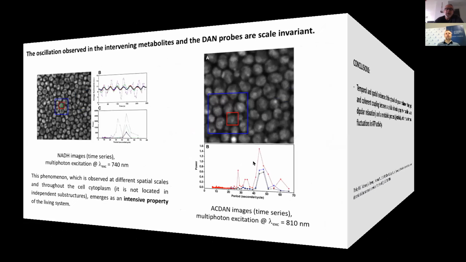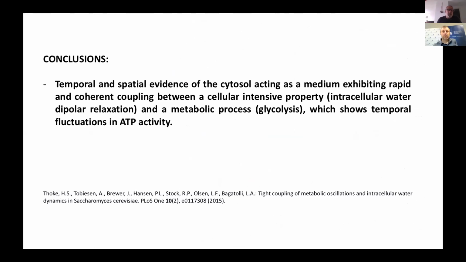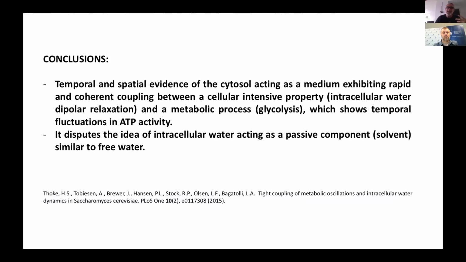So this leads to the conclusion that we achieved some sort of temporal and spatial evidence of the cytosol acting as a medium, exhibiting a very rapid and coherent coupling between this intracellular water dipolar relaxation, which is an intensive property of the system, and the metabolic process, right? This essentially is disputing the idea that the intracellular water is acting as a passive component, because nobody's taking water into account.